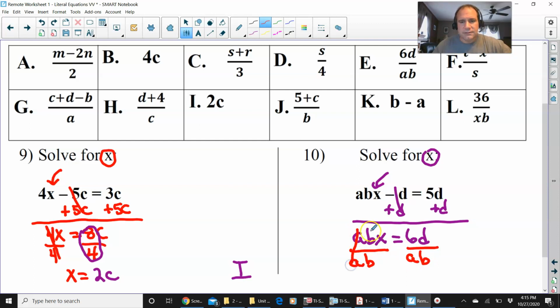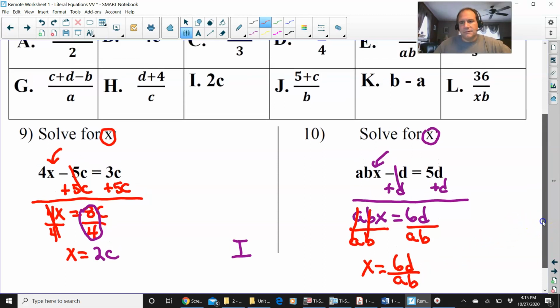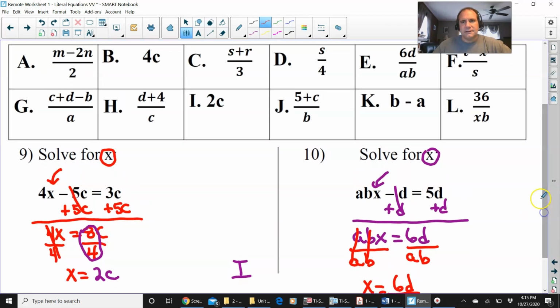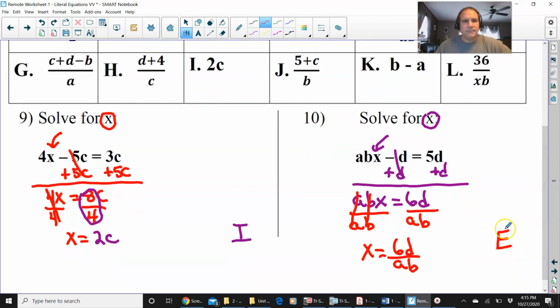This cancels, and we're going to move this down just a little bit. x equals 6d over a, b. Whew. Right? And that's E. 6d over ab. And that is number 10.